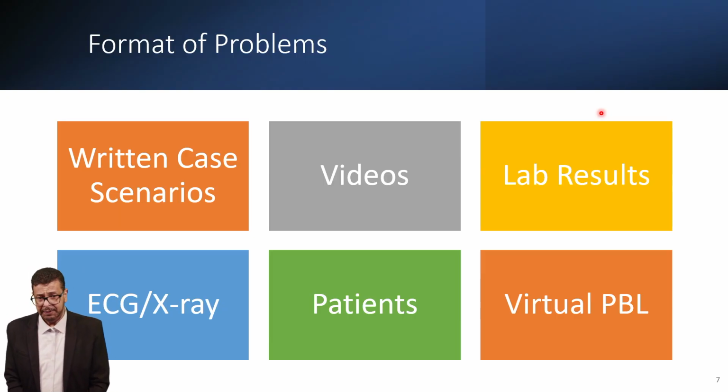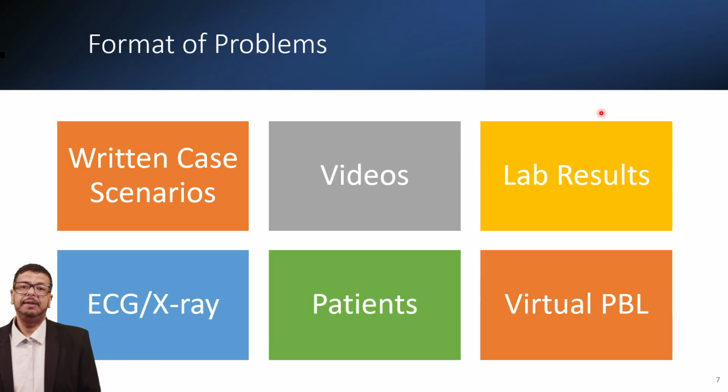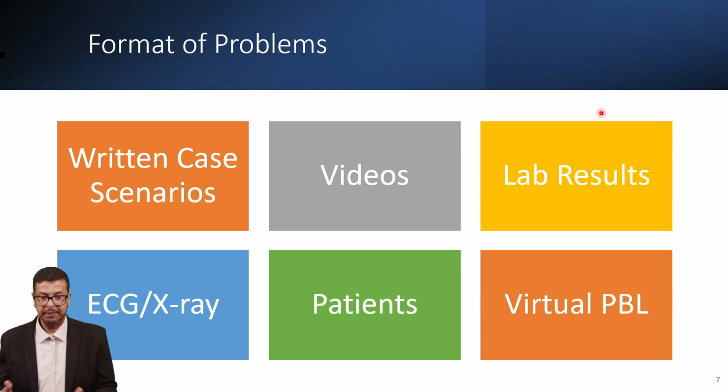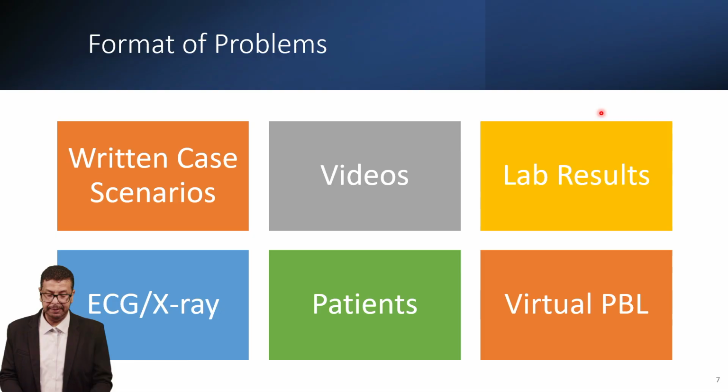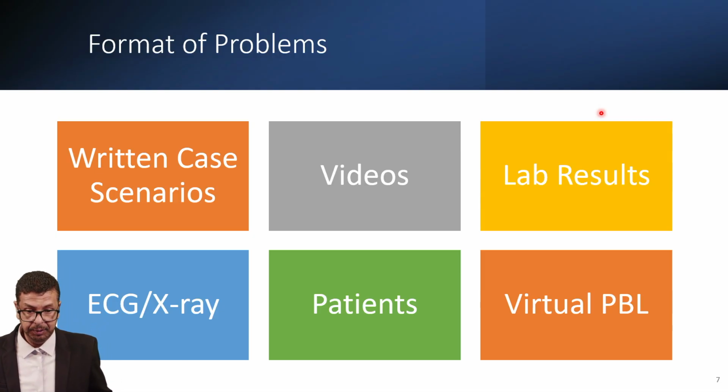There are different formats in problem-based learning, including the written case, videos, and maybe lab results. You can receive an X-ray as a starting point, or a patient scenario, or a patient in clinical practice, or virtual problem-based learning, maybe using a new format.